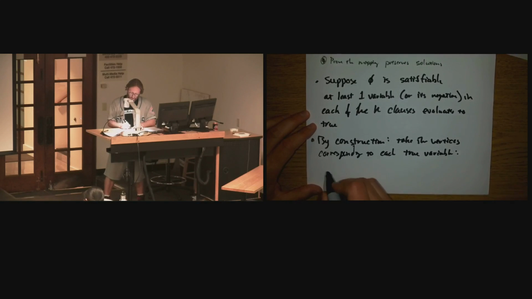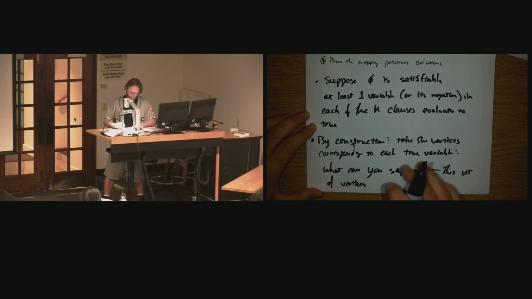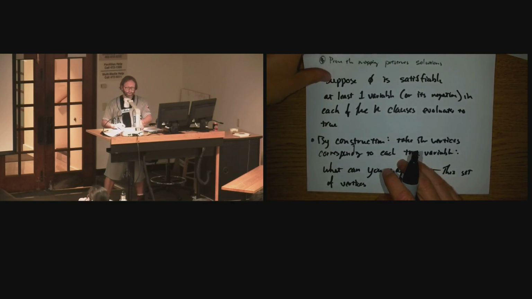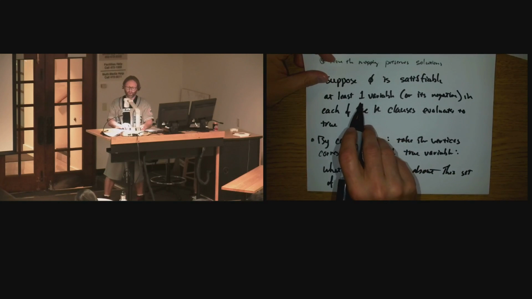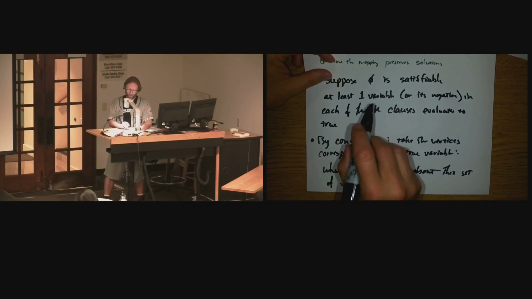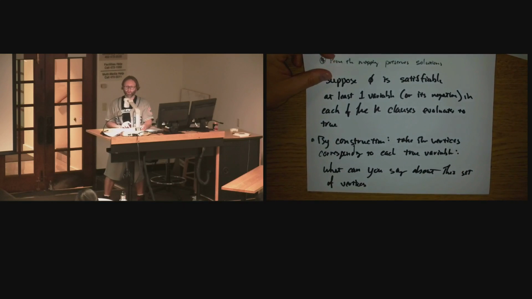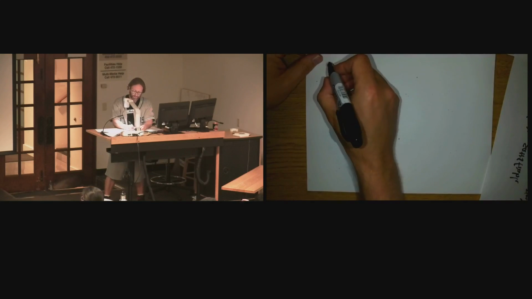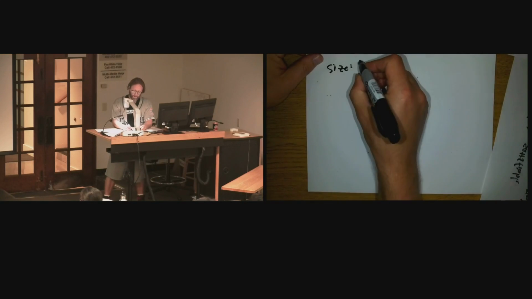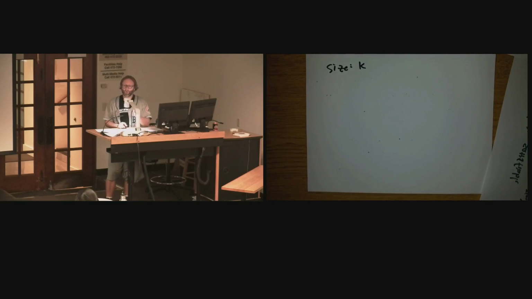What can you say about this set of vertices? Well, one thing that you can say is, how many clauses did you have? And you're taking one variable from each clause, or one vertex from each clause. Its size is going to be k. But also, are they going to be connected or not? Right?